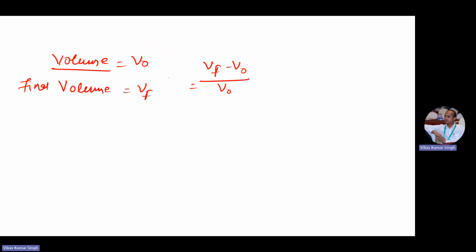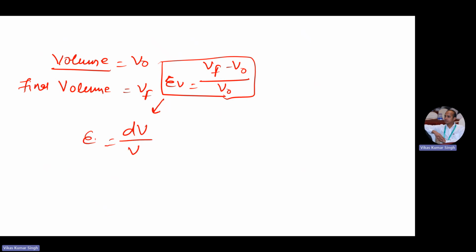This will be your volumetric strain. From here, if you derive this formula, or generally people also derive it like this, dV by V equal to volumetric strain. If you derive this formula, you will get the equation that I wrote. And in this one, you may get a higher-order term also, and the higher-order term is generally neglected because its value is very small compared to the other terms in the equation.